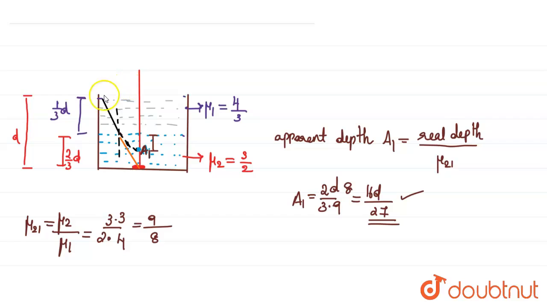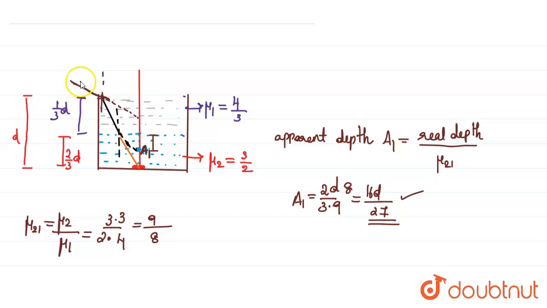When the light ray reaches this point, it will refract through the outer surface. So here again bending happens, towards outward.